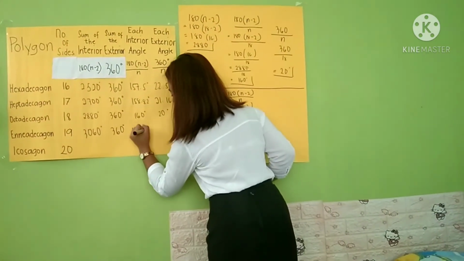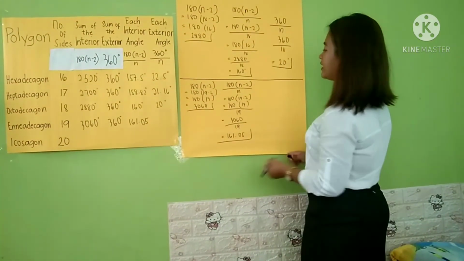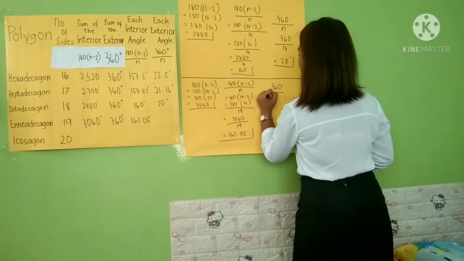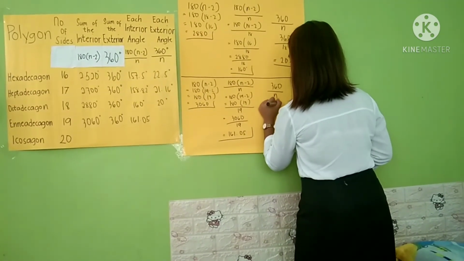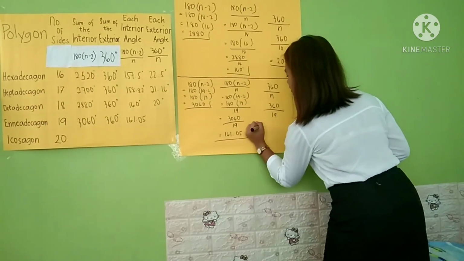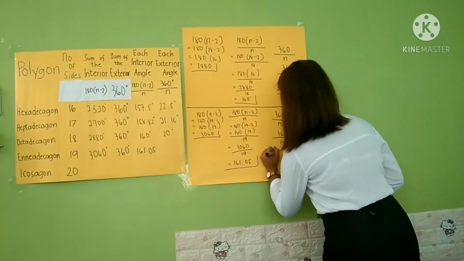To solve each exterior angle, 360 over n. 360 divided by 19, the answer is 18.95.